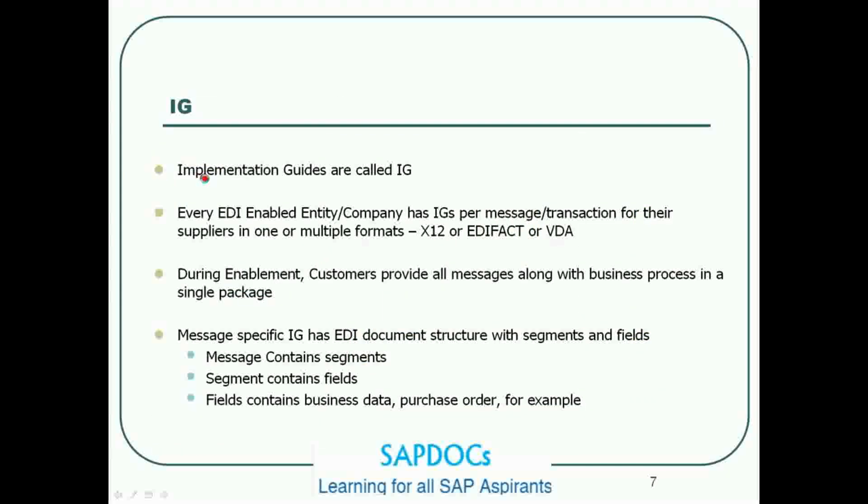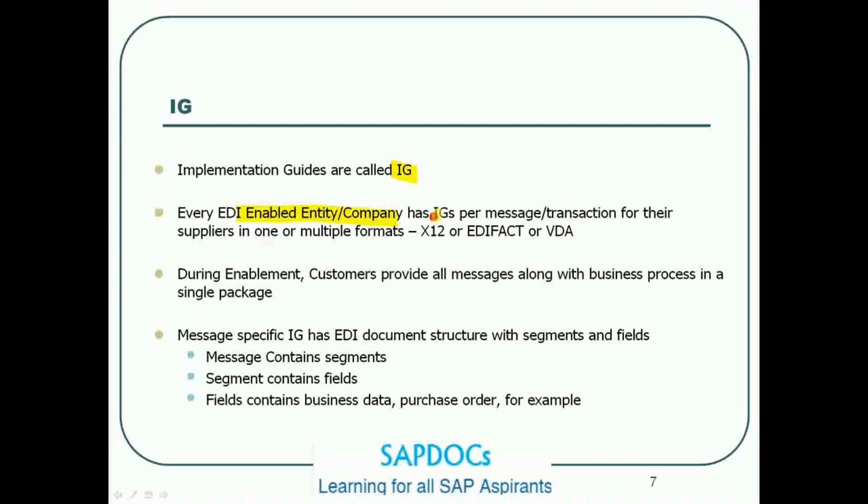Next, let's take a look at implementation guidelines. Implementation guidelines are called IGs, and you will hear a lot about them when you get into EDI deployment. Every EDI enabled company or entity has its own IGs.